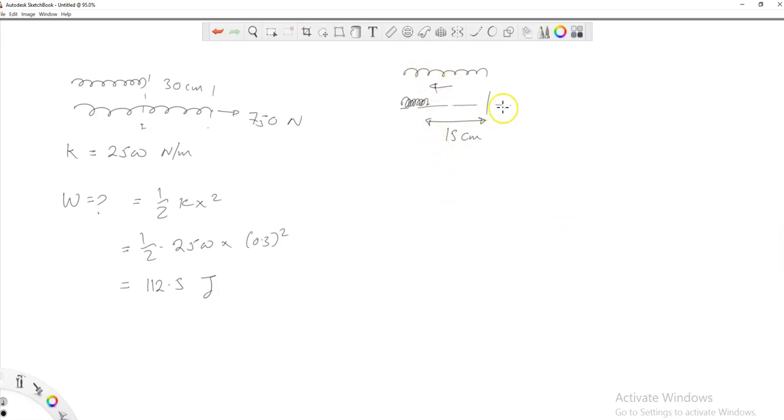This time you apply force this way, so work is again half kx squared, half times the same spring constant, 2500, times 0.15 squared, which gives you 28.12 joules.